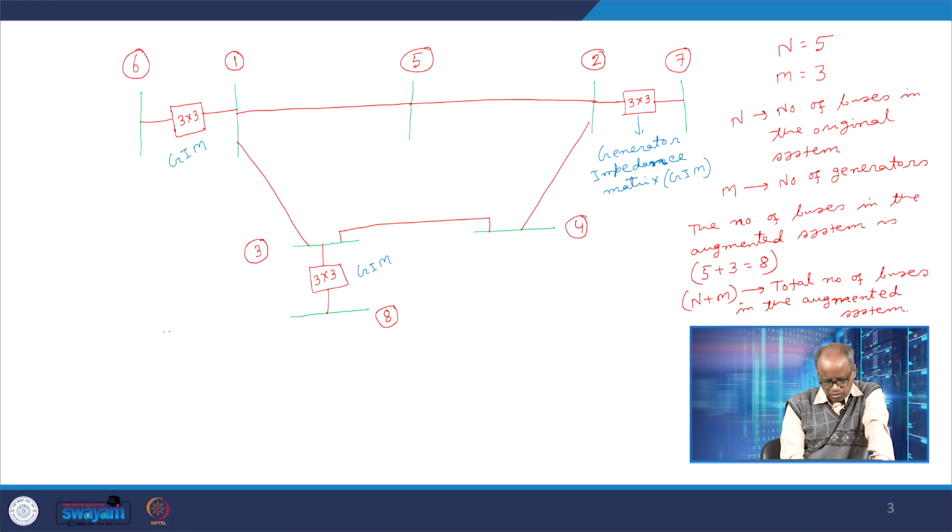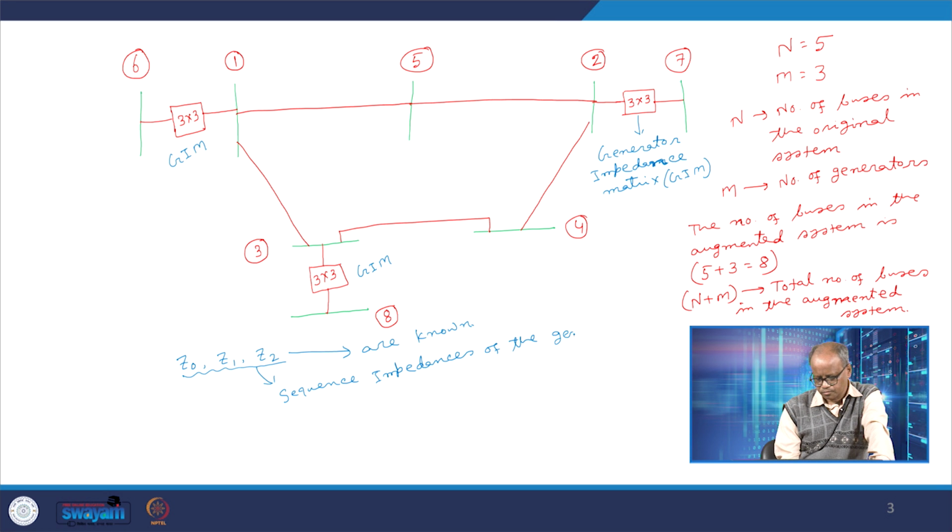The idea is simple: usually for every generator, the zero sequence impedance, positive sequence impedance and negative sequence impedance are known. These are sequence impedances of the generator which are generally known.